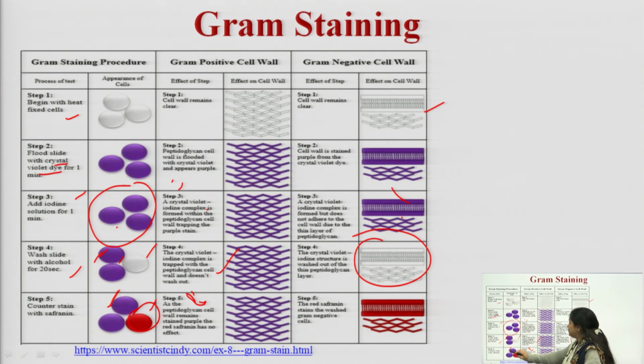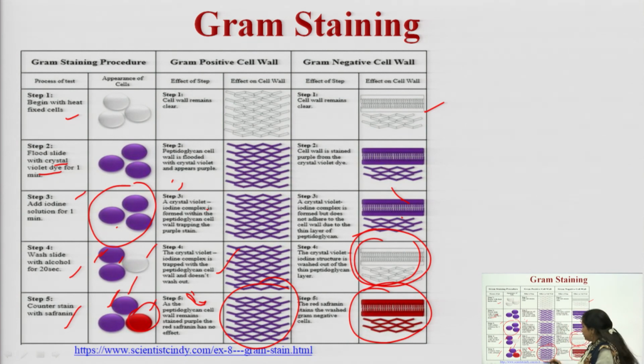After that, when we add the secondary stain, in gram positive bacteria it will remain as it is, retaining the CVI complex, whereas in gram negative bacteria, as we washed with alcohol, the primary stain will get removed and they will retain the secondary stain, that is pink. So gram positive bacteria will appear violet in color, whereas gram negative bacteria will appear pink in color.